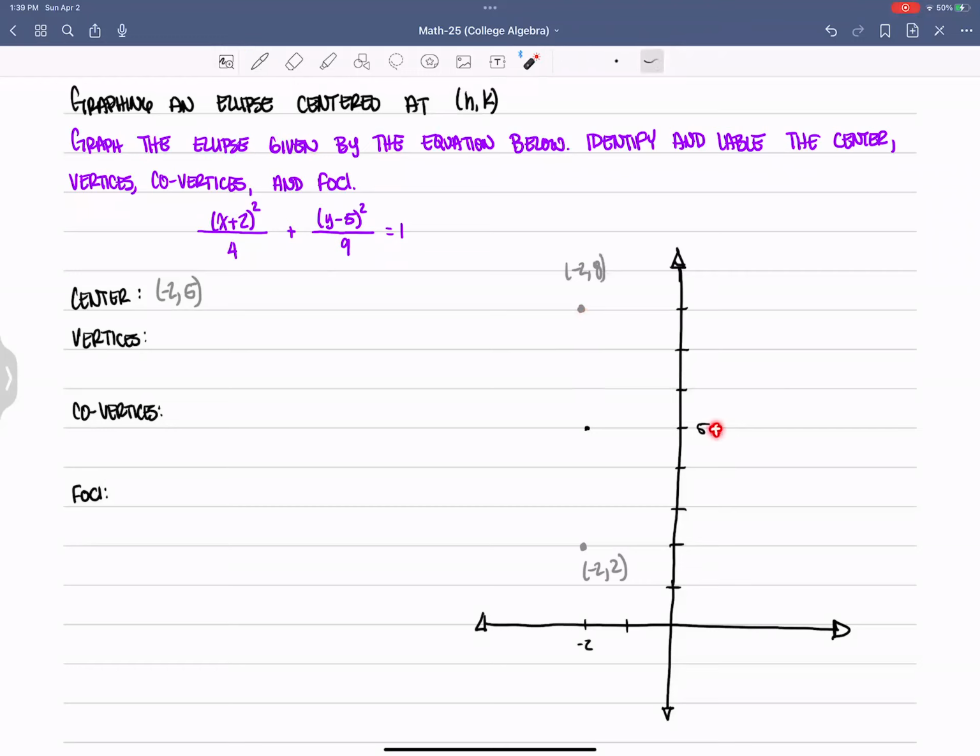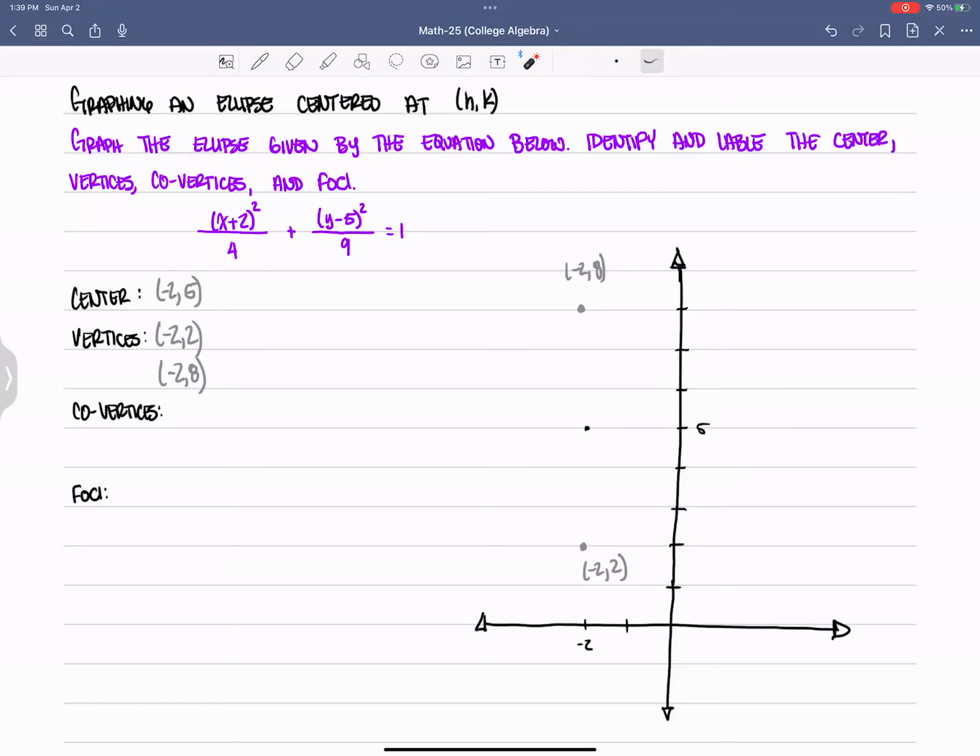So 5 plus 3 gives us 8, which is this right here. And we went down 3, 1, 2, 3. So 5 minus 3 gives us 2, which is what we have right there. All right, so there's that. So those are our 2 vertices, -2, 2, and -2, 8.